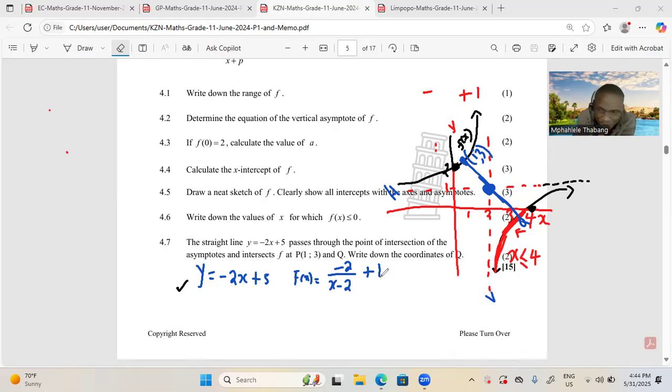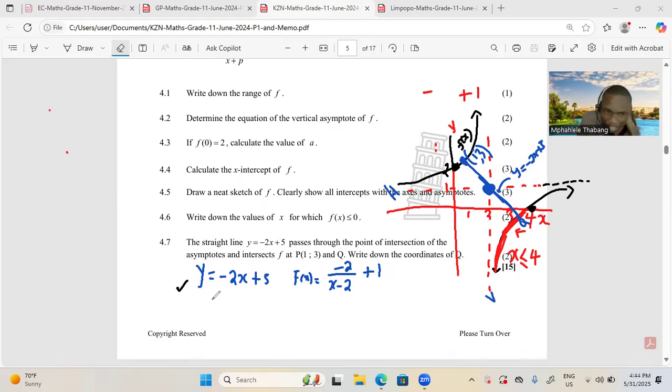So this line intersects f at point Q. One way of solving this, a longer approach that I just want to show you, is to see Q as a point of intersection, where these two functions meet.